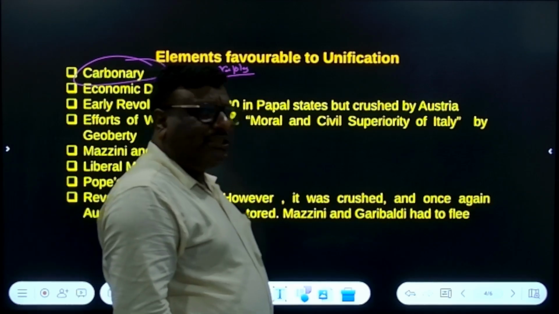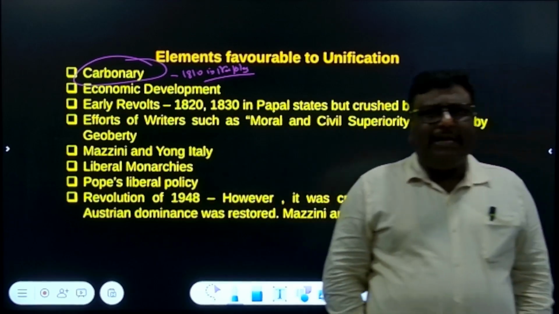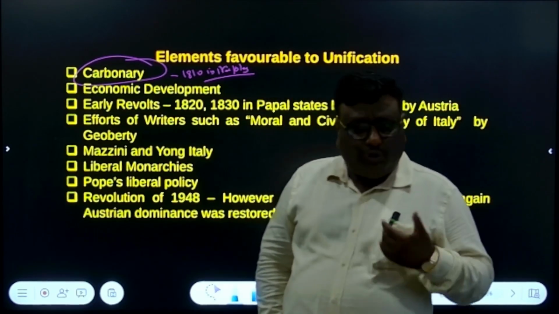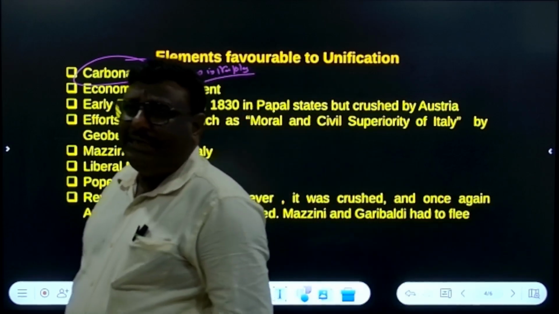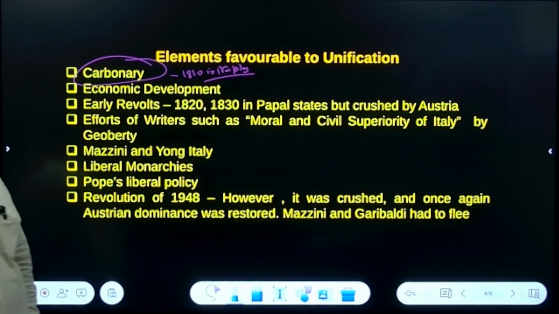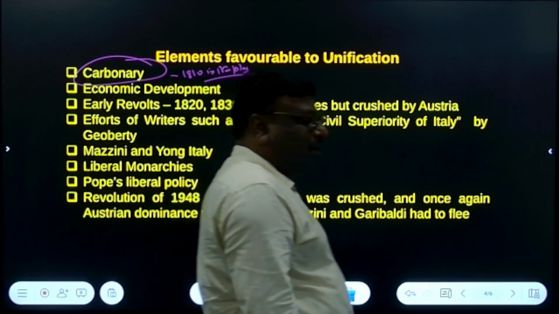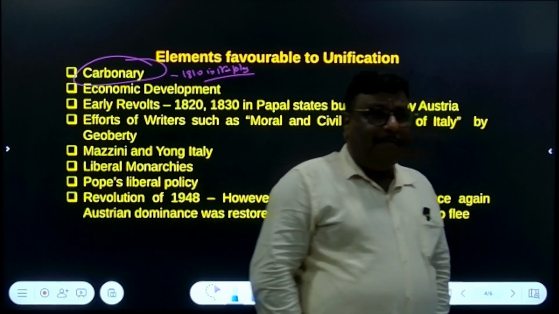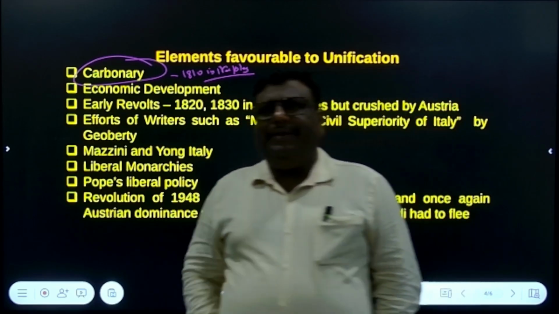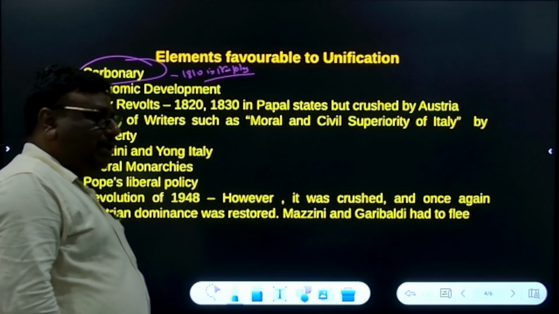These secret societies started to show individual heroism, and the patriots who joined them started the personal killing of British officers, particularly those responsible for maladministration. Anyway, in the context of Italy, the same role was played by Carbonari.